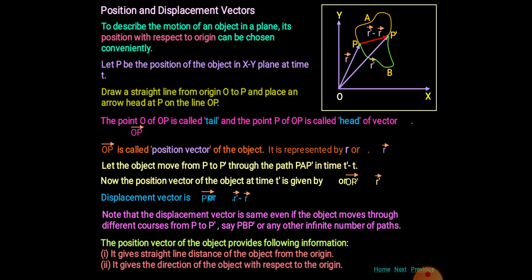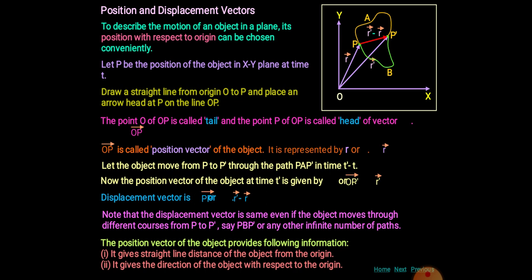Now it also gives the direction of the object with respect to the origin. So the position vector provides two pieces of information: first, the straight line distance of the object from the origin, and second, the direction with respect to the origin.